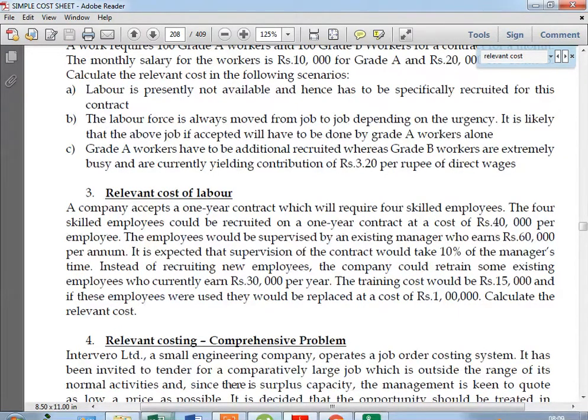Next point, option 1, recruitment of new employees. Underline that.